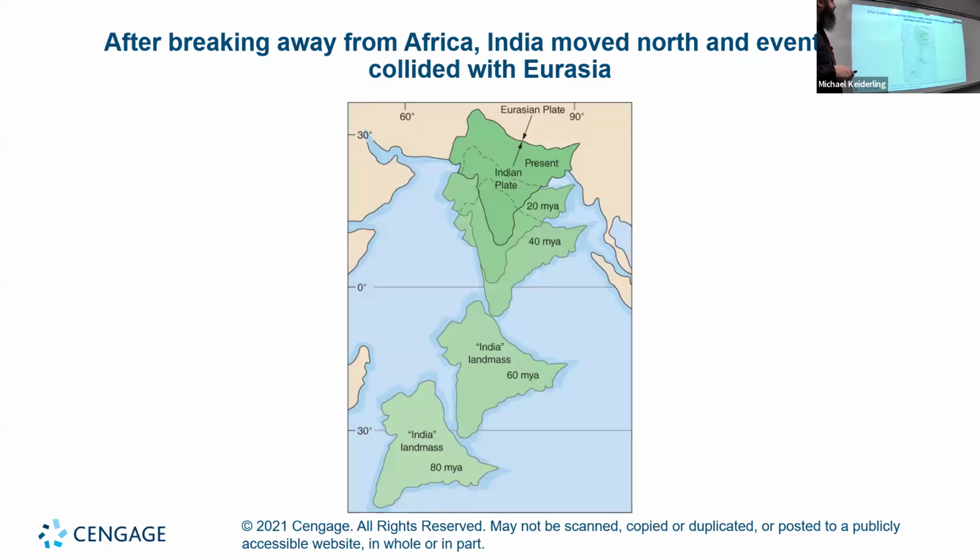And the Indian subcontinent only actually impacted with Asia relatively recently, only a few tens of millions of years ago. And that is the process by which those mountains formed. So they're the youngest mountains on Earth.